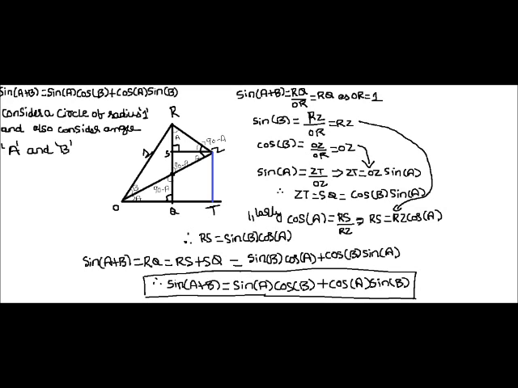So sine B is equal to RZ. Similarly, cos B is the adjacent side OZ divided by the hypotenuse, which is equal to OZ.